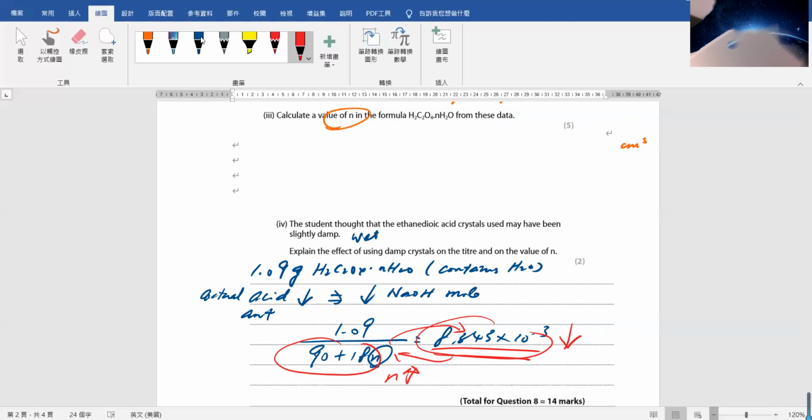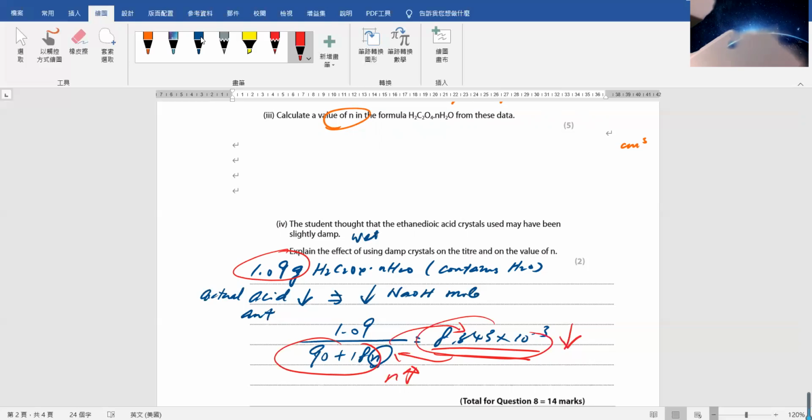You can make up a number, for example 8 times 10 to the power negative 3, and try to work out the value of n. Then you will know n will increase. I explain once again, because this sample contains water inside, the actual acid amount is lower than expected. So the amount of sodium hydroxide to reach the endpoint will be less than before.